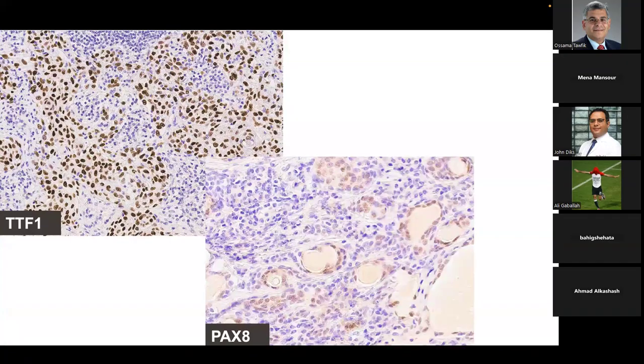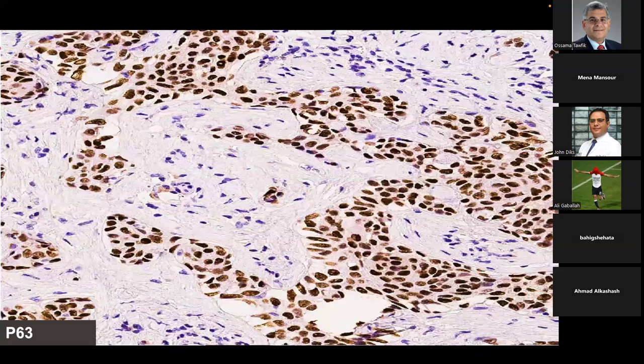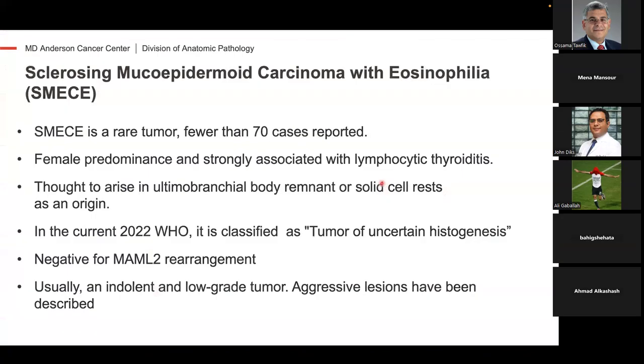TTF1 is positive, PAX8 is negative, which is also weird. You shouldn't have that. And P63 is very positive in these islands. So this is a very unusual, very rare case, and these are called sclerosing mucoepidermoid carcinoma with eosinophilia, right?